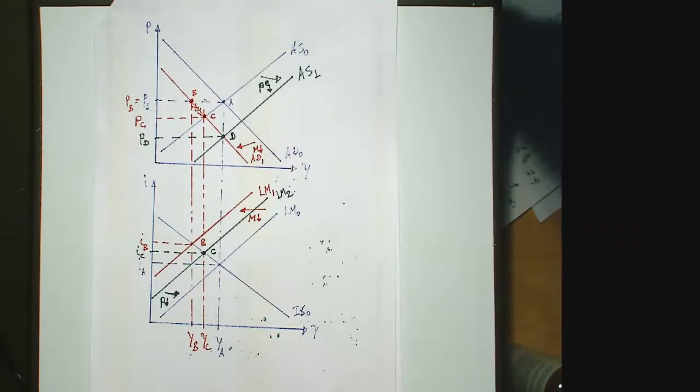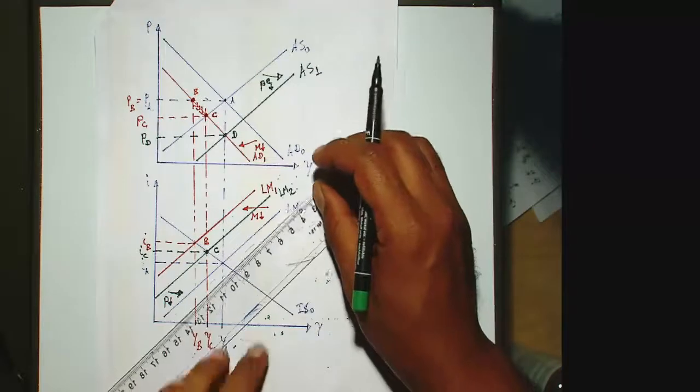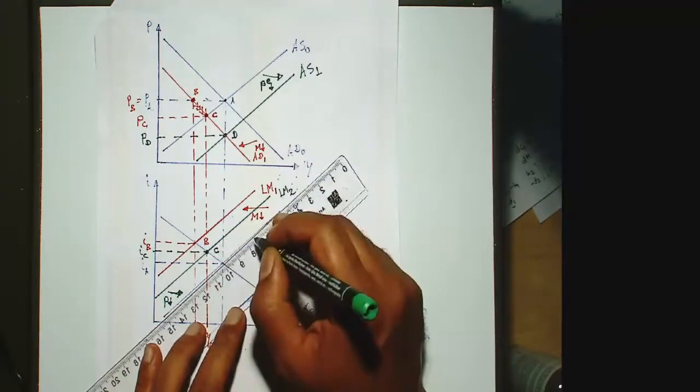So when price decreased from PA to PD, first we have seen that price decreased from PA to PC, and our LM curve increased from LM1 to LM2. Now at point C we had also a decrease in price from PC to PD, which impacted our real money supply, M divided by P. So it led to an increase of the LM curve to our initial LM curve, LM0.